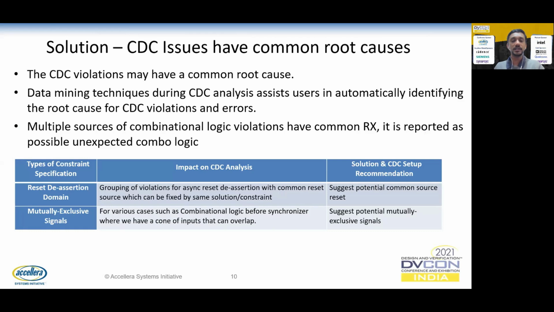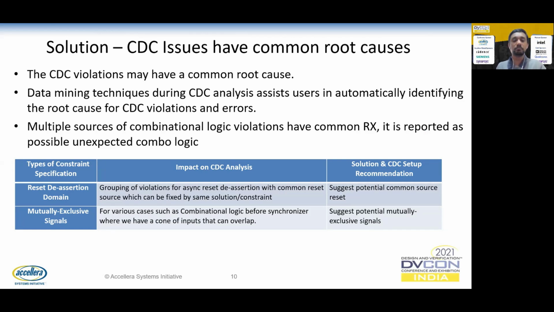The solution to CDC issues having common root causes. Often the CDC violations may have a common root cause, but designers may spend large effort to review and correlate the violations. With the help of machine learning techniques, CDC analysis assists users in automatically identifying the root cause for the CDC violations and errors.